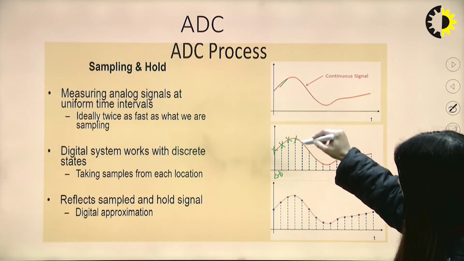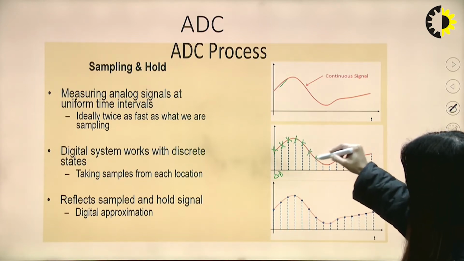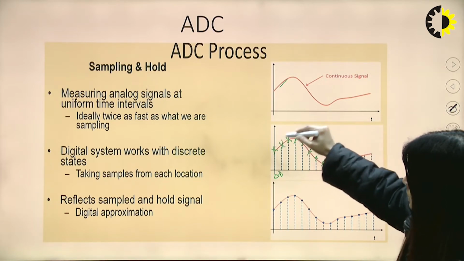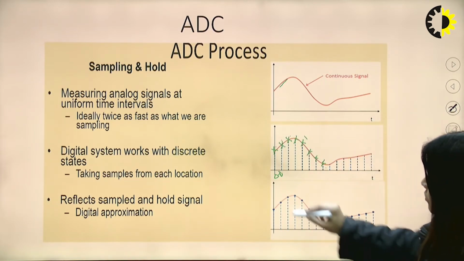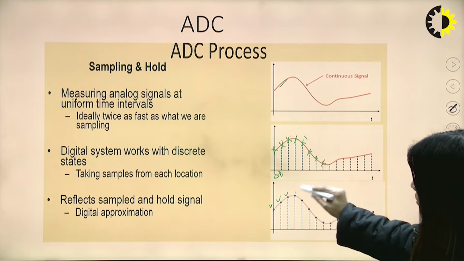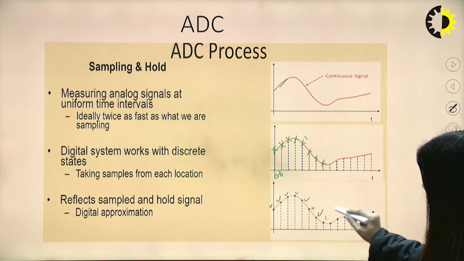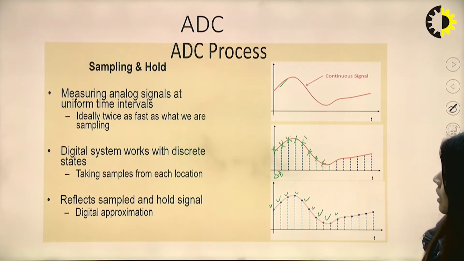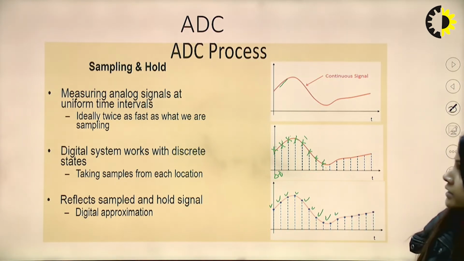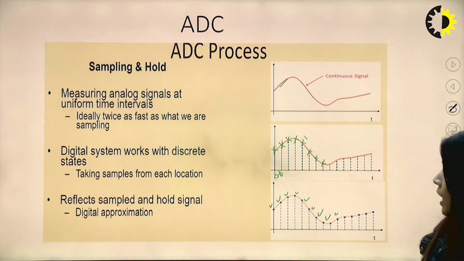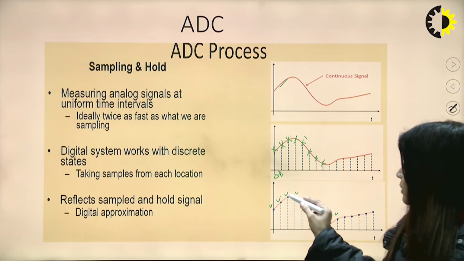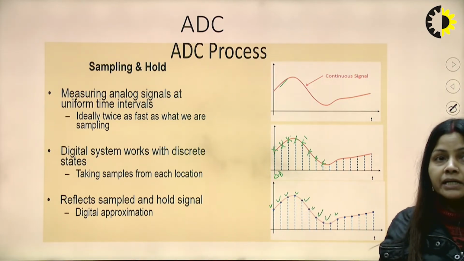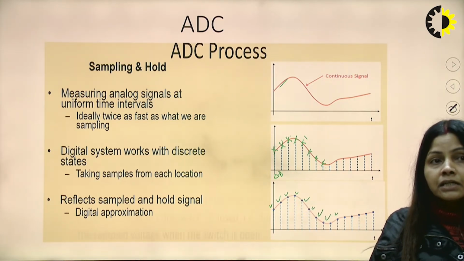So all the values at the delta t interval are taken, and these are the sample values. All these sample values are the discrete states of the digital system, and these sampled values are held by the circuit. Let us see the circuit.